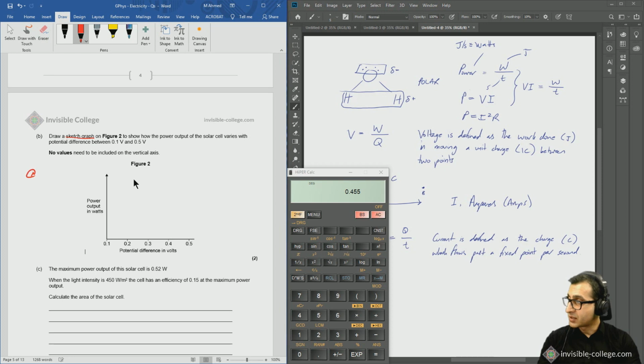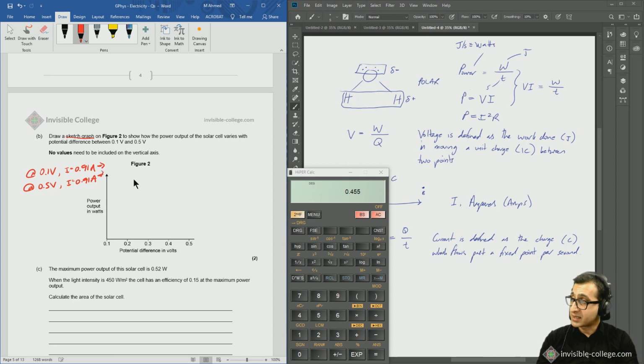At 0.1 volts, current is equal to 0.91 amps. At 0.5 volts, the current was 0.91 amps. However, what does this mean about the power?